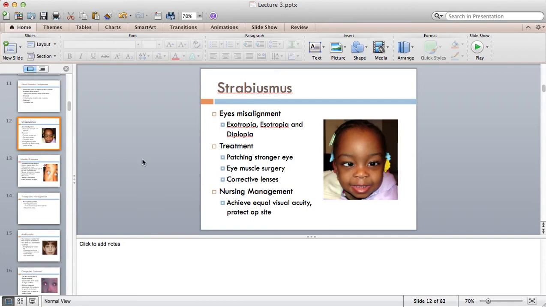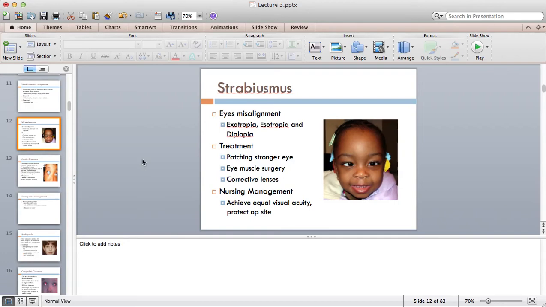So what the ophthalmologist will do is patch the stronger eye. That way, the weaker eye's muscle will be the one working hard for the child to see. So over time, once the patch is removed, this will train the eye successfully, and both of them will be in equilibrium.